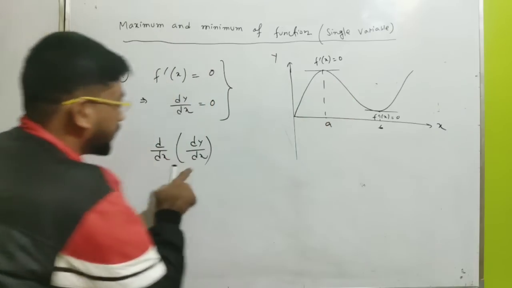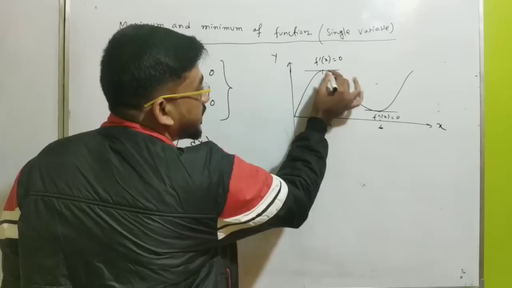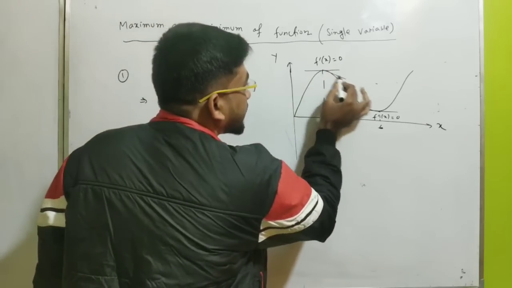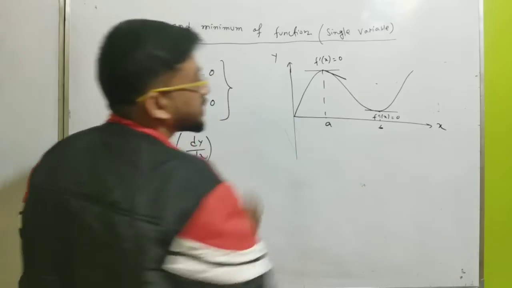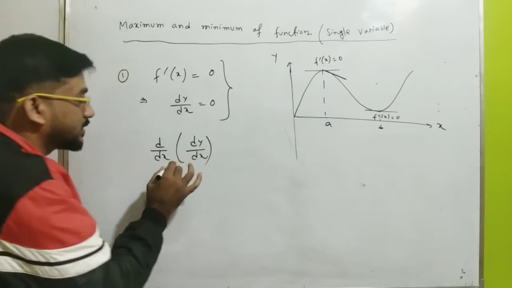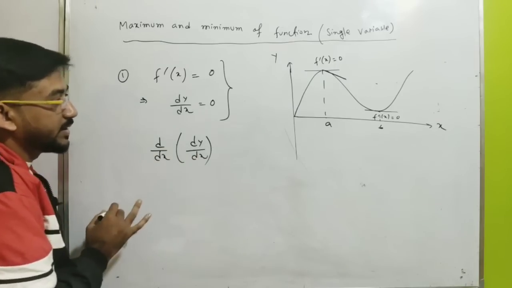So if we increase x from this point to this point, the slope of the function will be like this. So this is nothing but the change of the slope of the function with respect to x, d/dx of dy/dx.